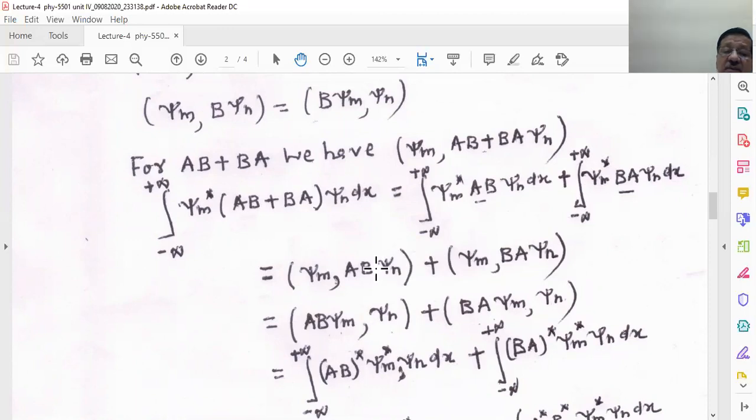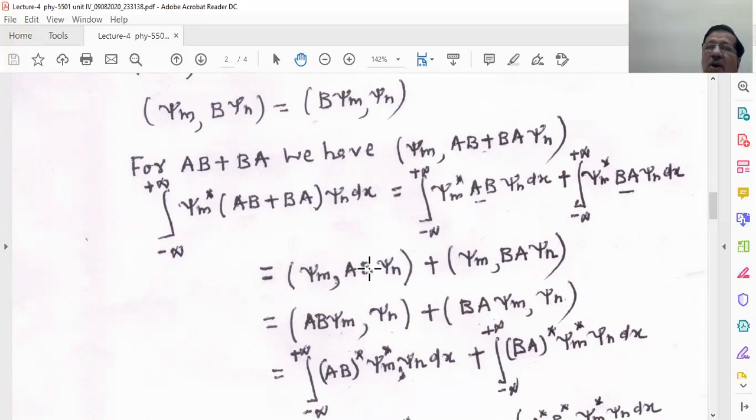Now here I would like to give you a very important explanation: if A is a Hermitian operator and B is a Hermitian operator, then the operator A followed by B, that is operator AB, is also Hermitian, and there is a condition that they should commute with each other.